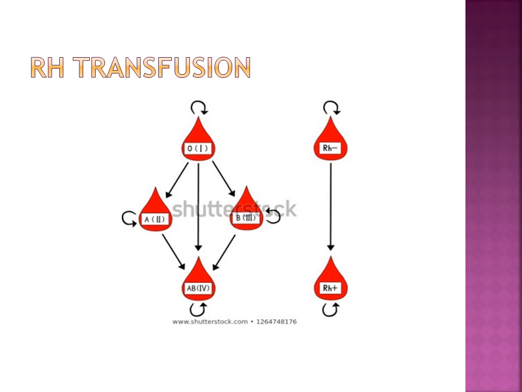A person who carries the Rh antigen on the membrane of red blood cells is called a rhesus positive individual, since it is present as a self-marker.